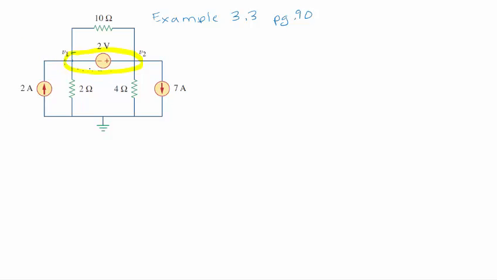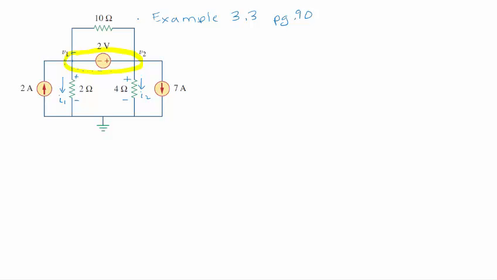Let's go ahead and define some currents. This one's already defined for us. Let's call this one I1. I'll put my markings here. Current goes in, so positive is here. This one's already given. I'll call this one I2. Put some polarity markings on it.